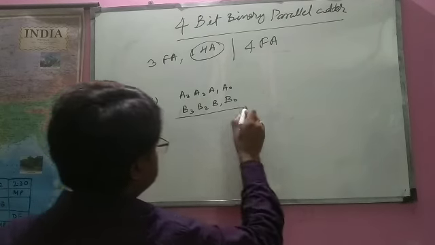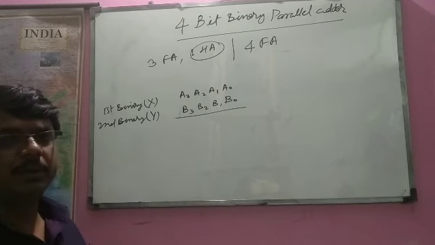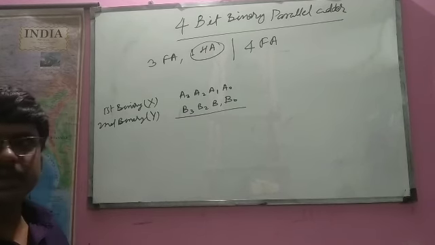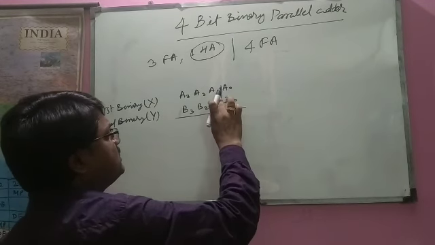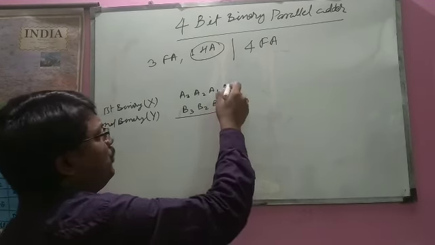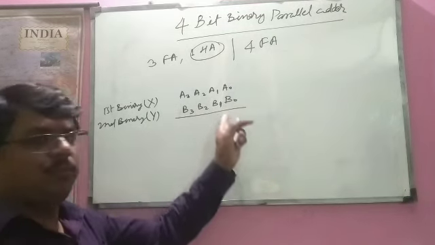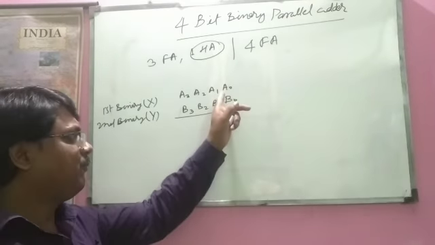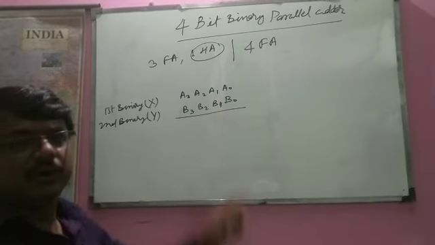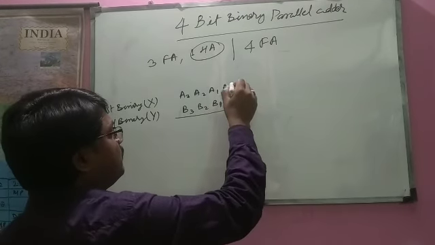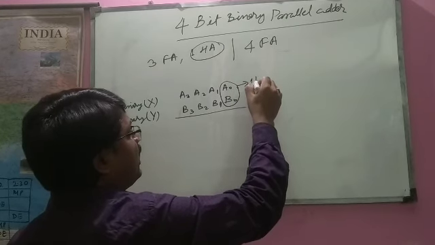We have to add these using the 4-bit binary parallel adder. To add the first 2 bits we do not need a full adder, because there will be no carry coming in while adding these numbers. So to add this we require one half adder.